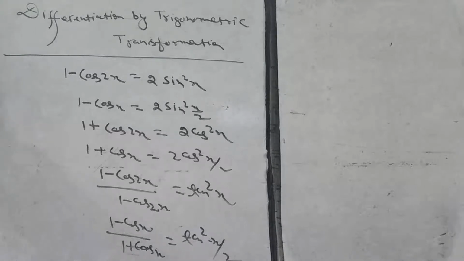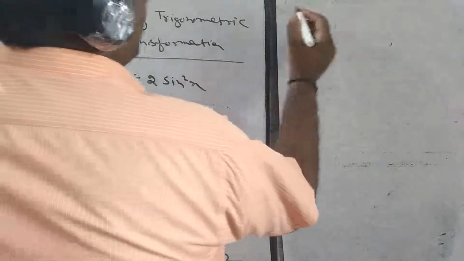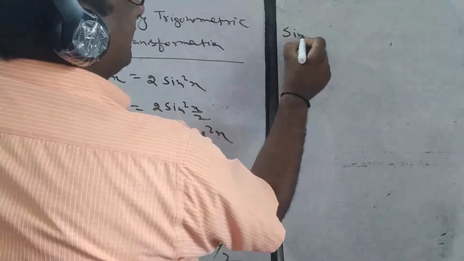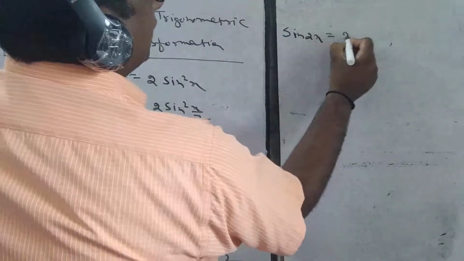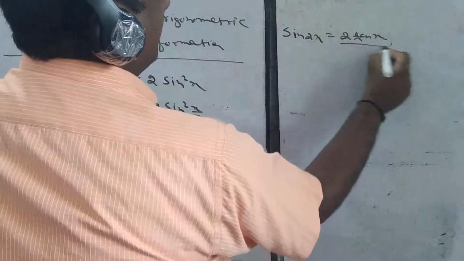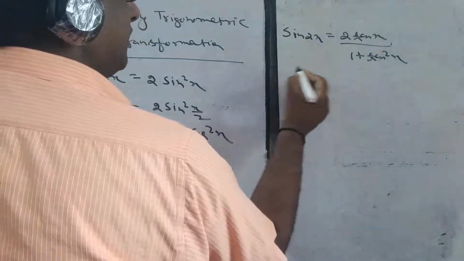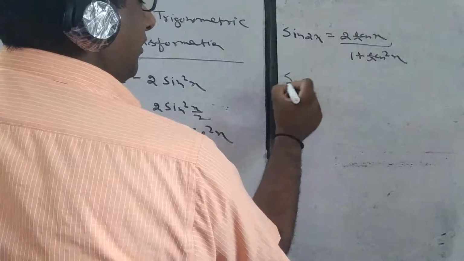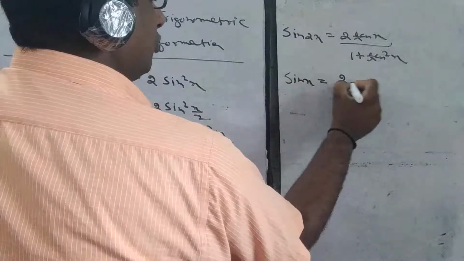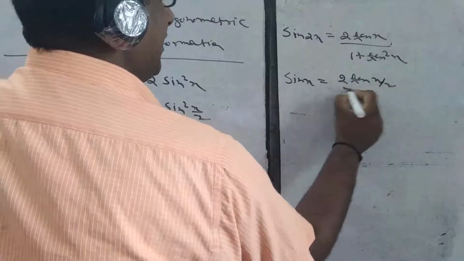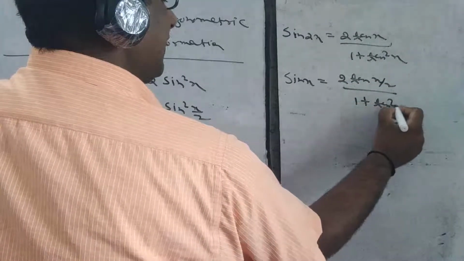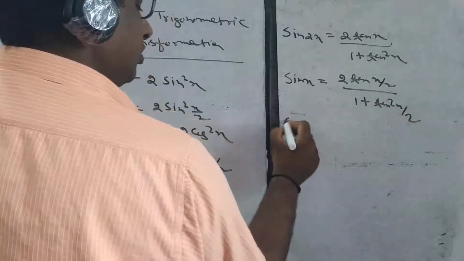And then sin 2x in terms of tan x: sin 2x is equal to 2 tan x upon 1 plus tan square x, or sin x is equal to 2 tan x by 2 upon 1 plus tan square x by 2.